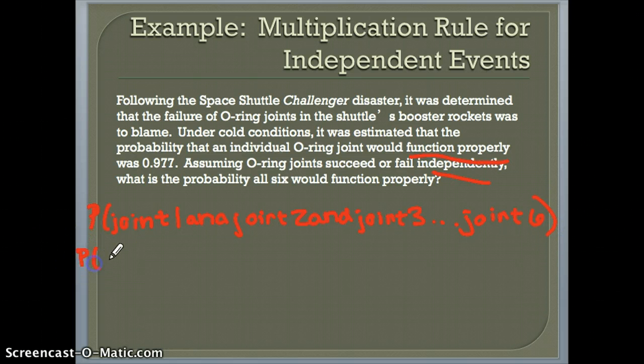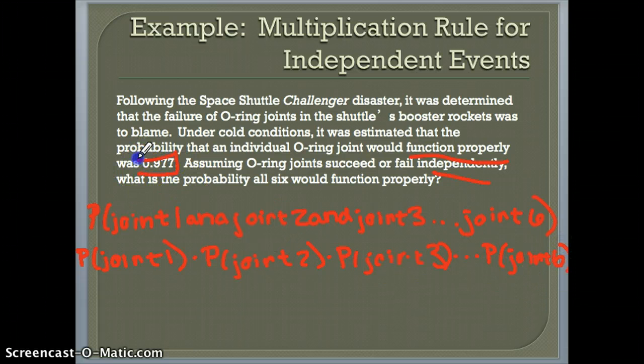Since they're independent events, I'm going to have the probability of joint 1 being okay times the probability of joint 2 being okay times the probability of joint 3 being okay, joint 4 being okay, joint 5 being okay, and finally joint 6 being okay.